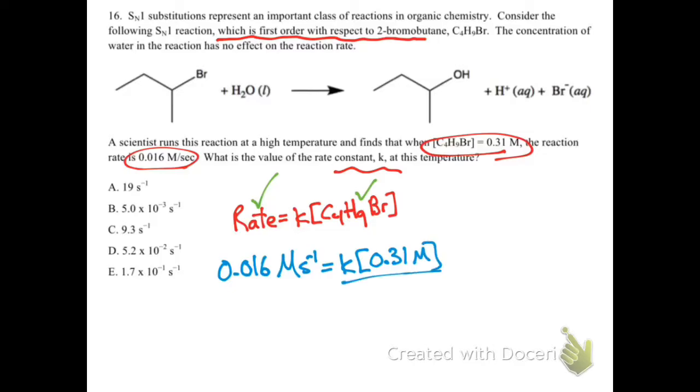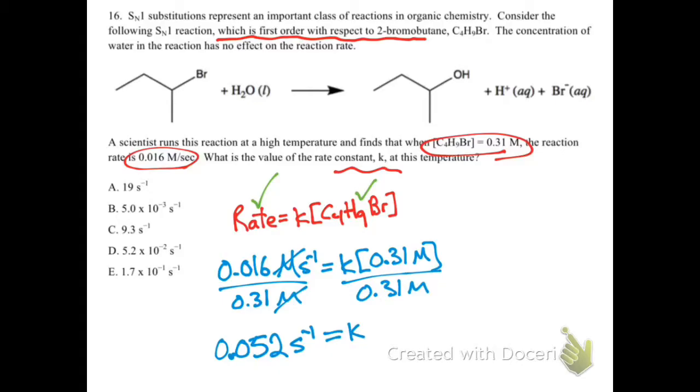Divide both sides by the 0.31 molar, and we'll get our answer, which is k equals 0.052. Well, we've got molar and molar, so this ends up canceling out, and we just get seconds to the negative 1.